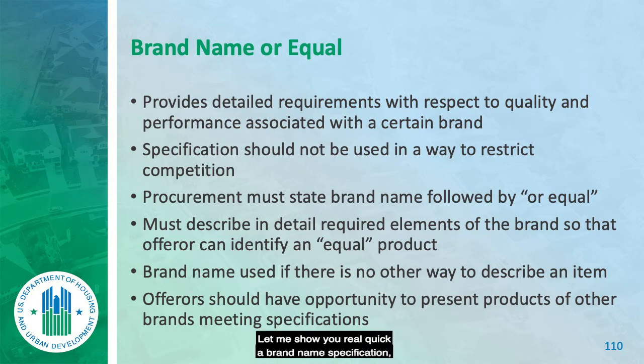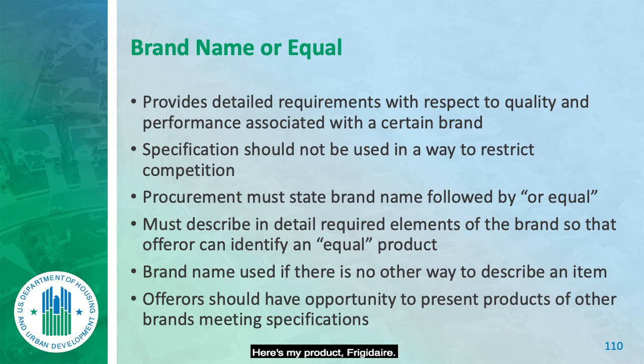Let me show you real quick a brand name specification. A refrigerator quote, the spec is there, and I do a summary. When you use a brand name, you use the brand name to show the people the quality of what you want, and they have to meet it within a reasonable range of tolerance. And then you have to list the essential characteristics or salient qualities.